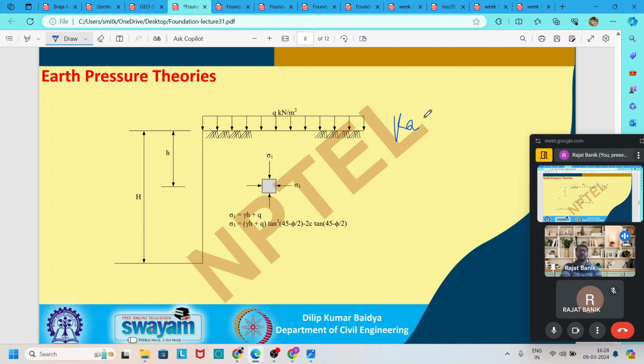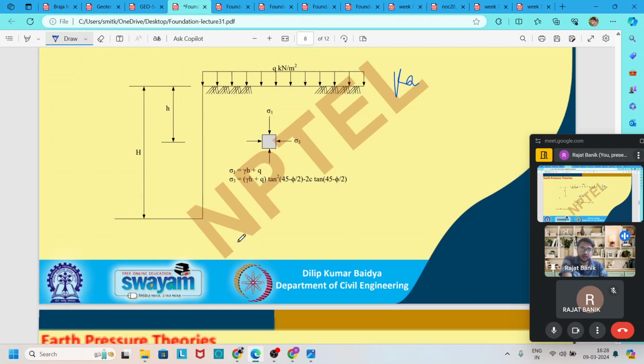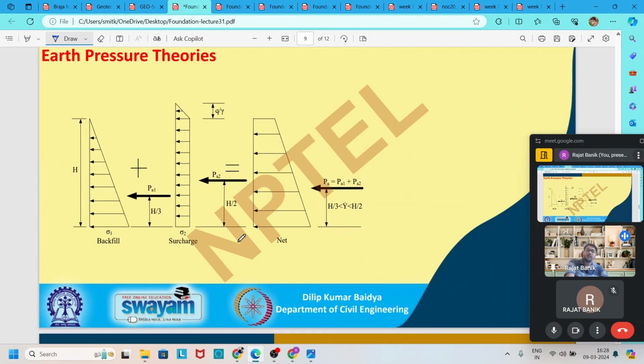But there is no variation in this pressure, because it is constant with the depth of the retaining wall. Then the calculation is given to find the total thrust.